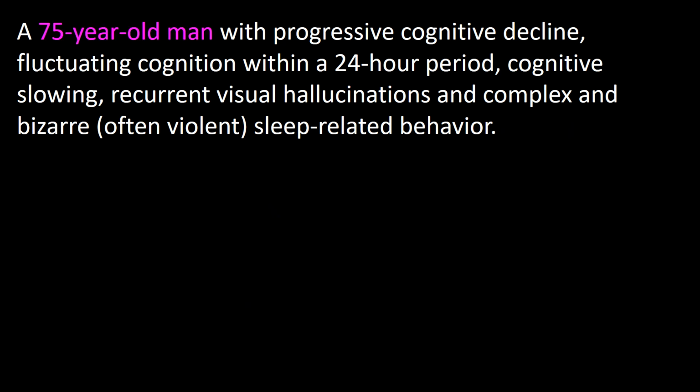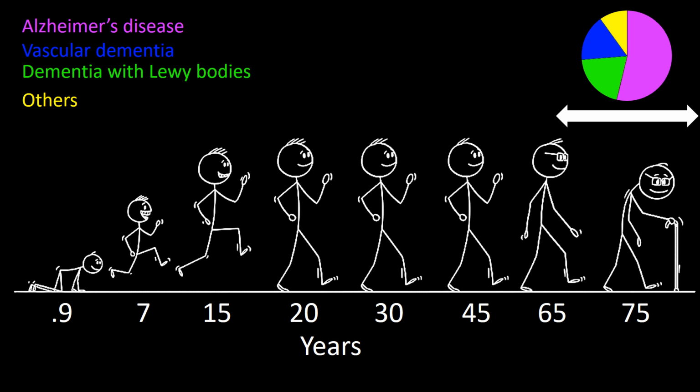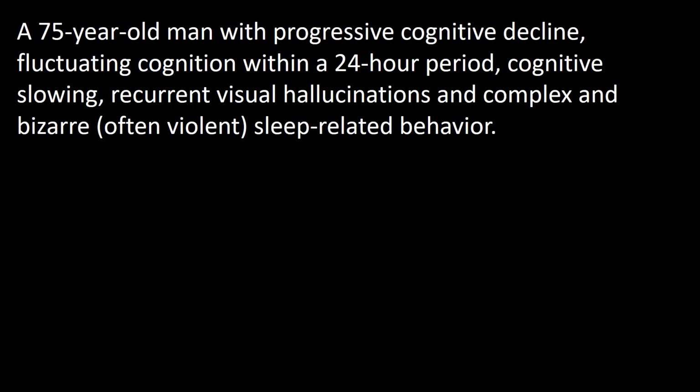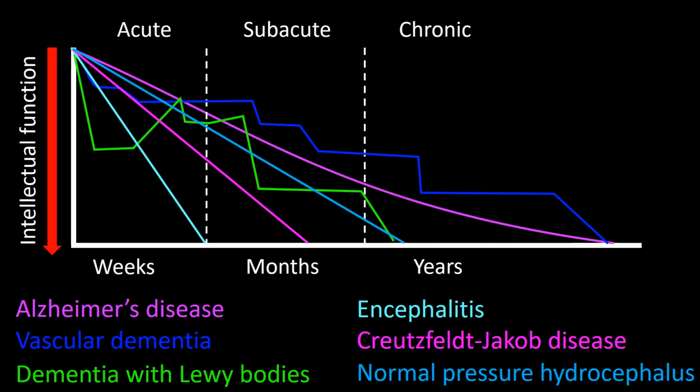The patient's age makes it likely that he's suffering from one of the big three: AD, vascular dementia, or dementia with Lewy bodies. The history of fluctuating cognition within a 24-hour period suggests, as represented in this chart, dementia with Lewy bodies.